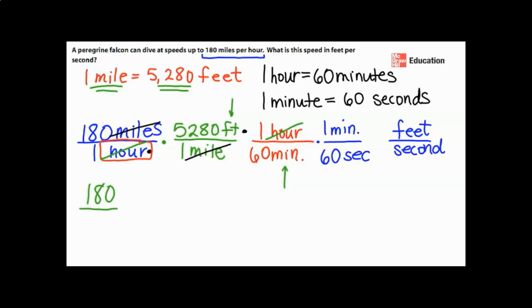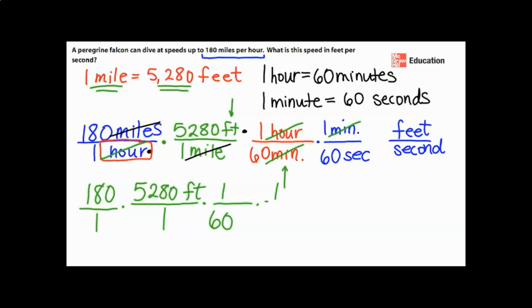180 over 1 times 5,280 feet. Notice we'll leave that unit there, divided by 1, times 1, the hour unit has been canceled, over 60, and our minutes and minutes have been eliminated.